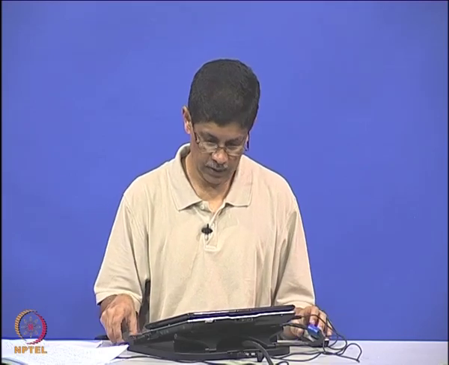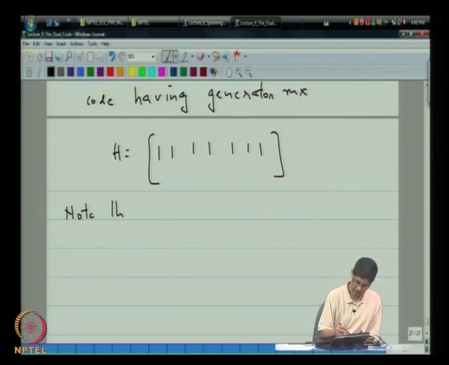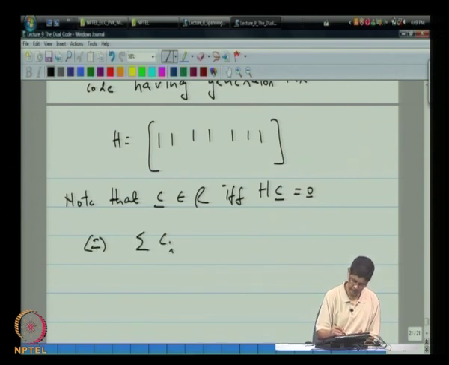The key point is that the code appears as the null space of this matrix. So, let us make a note of that. Note that C belongs to the code if and only if H times C is equal to 0, which is another way of saying that the sum of C i, i equal to 1 to n, is equal to 0.